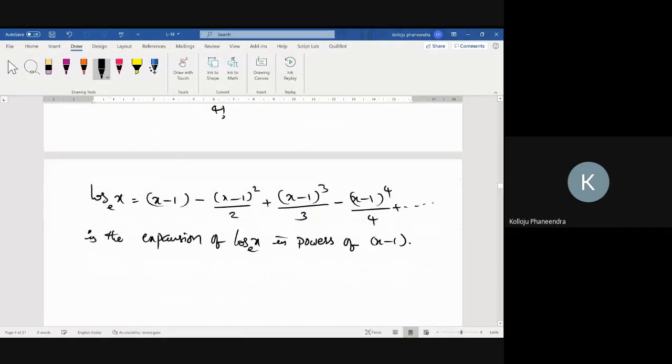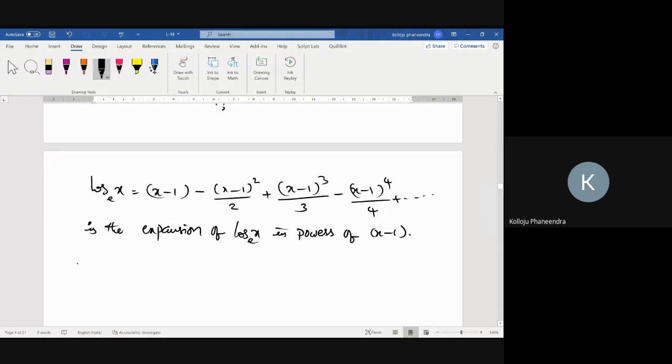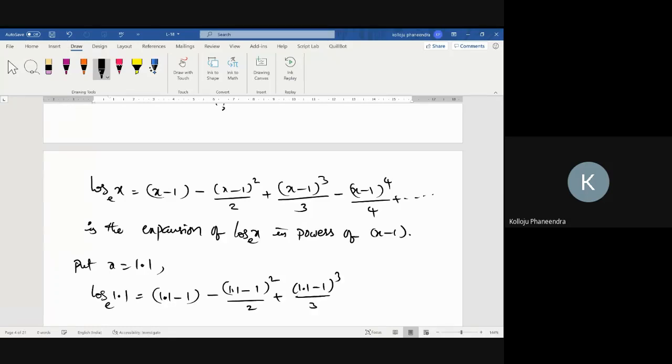Okay, and what is the last question? Log 1.1. So put x equal to 1.1. Log 1.1 to the base e equals 1.1 minus 1, minus 1.1 minus 1 whole square by 2, plus 1.1 minus 1 whole cube by 3, minus 1.1 minus 1 whole power 4 by 4, and so on.